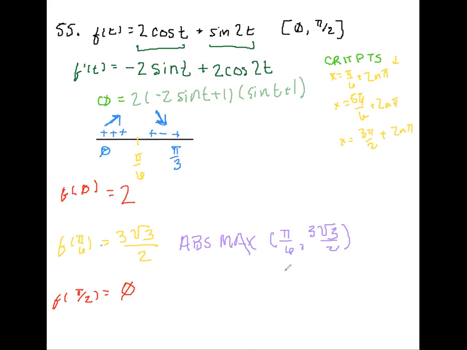So here's my x value, and here's my y value. And then my absolute minimum is going to be here at pi over 2, 0. Again, that ordered pair.